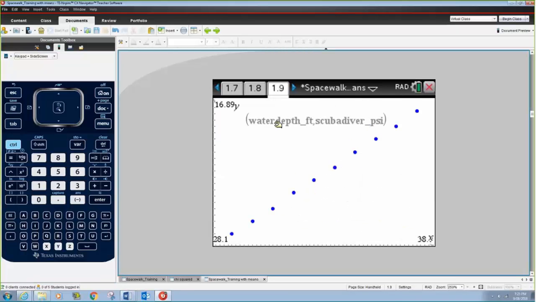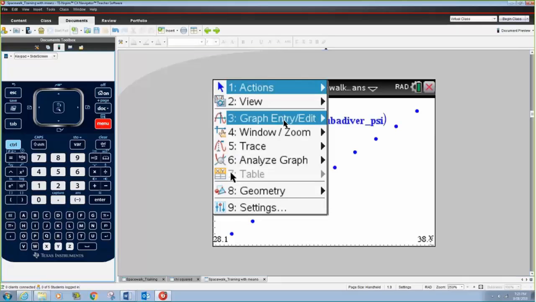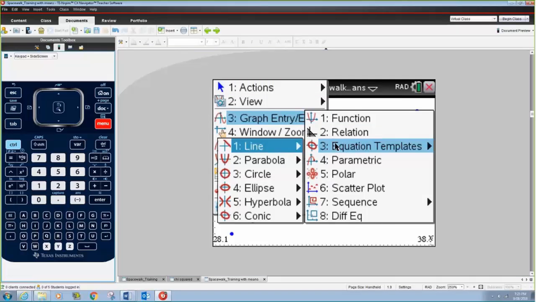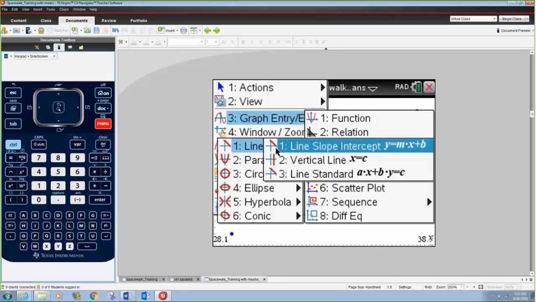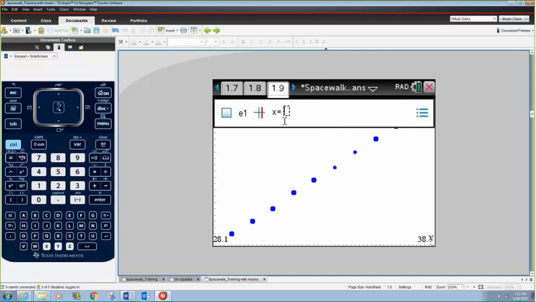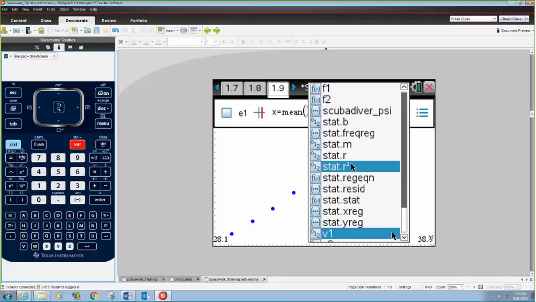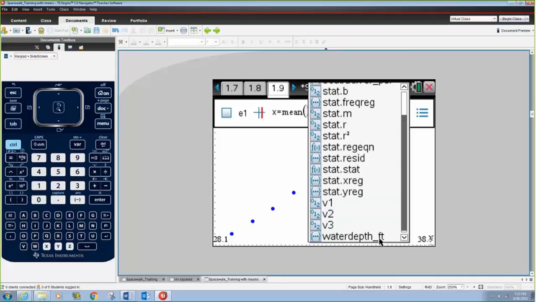So now what I achieved here, I have the scatter plot, and if I have the scatter plot, now I can also go graph entry, and that allows me, using the equation, to draw the vertical line, and I might draw the mean of the variables, and I have this here.